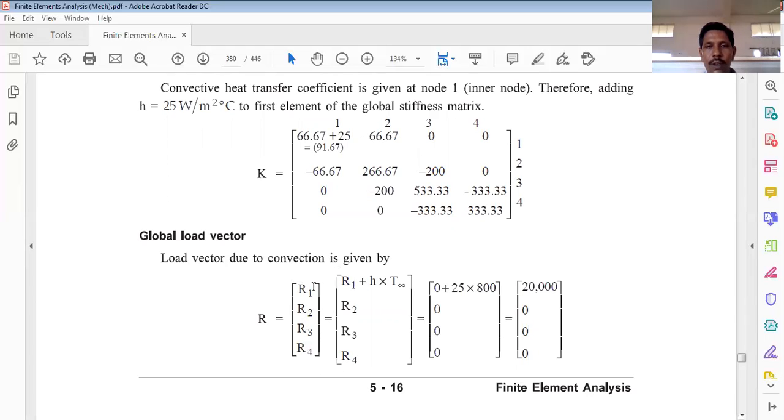So R1 consists of h into T infinity. The h value is 25 watts per meter square degree centigrade, and the ambient temperature is 800 degrees centigrade. When you multiply these two, it comes out to be 20,000.